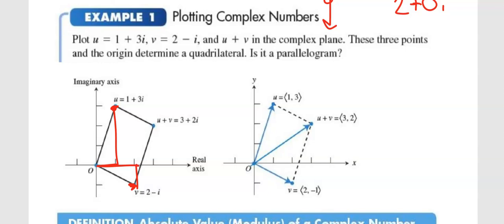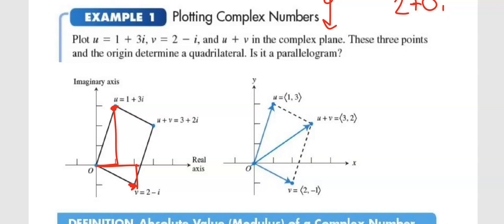What do you get when you add them together? Man, this looks very similar to vectors. Boy, it looks exactly the same as vectors. So, the complex number plane and the whole idea of adding and subtracting and multiplying, those kind of things are extremely similar to what we did in the vectors.